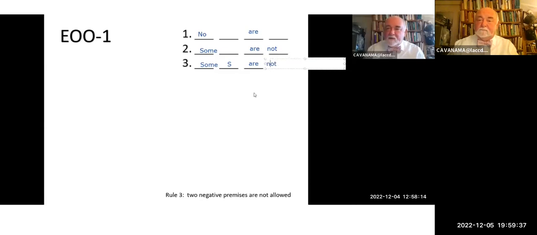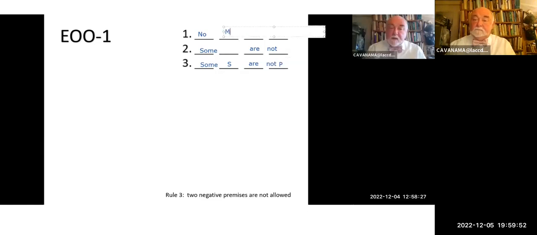There we go. All right, and so then our figure is 1. So M goes here, and M goes here. Figure 1, and so then P here, and S goes here.